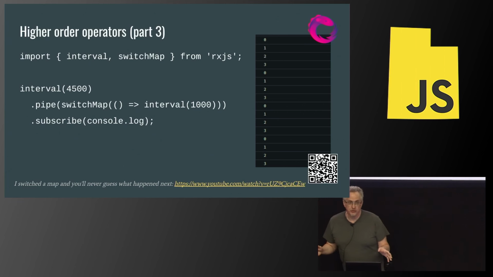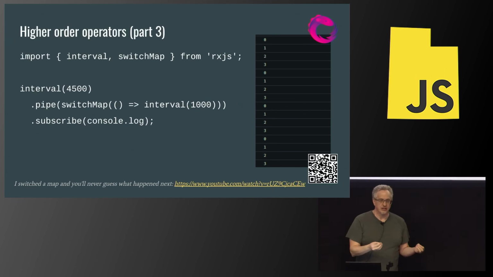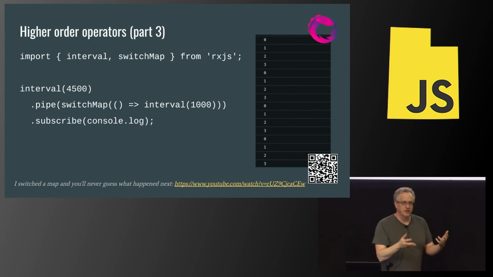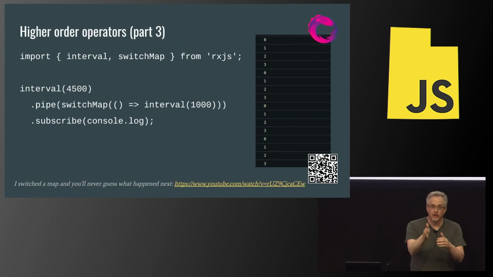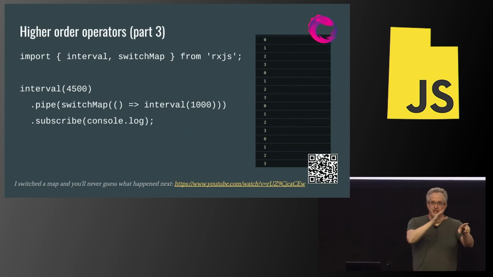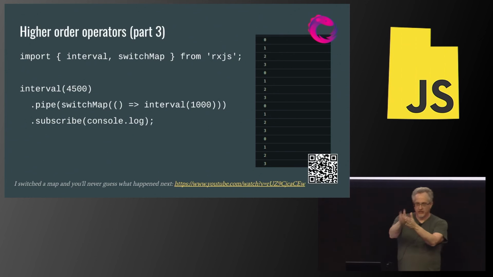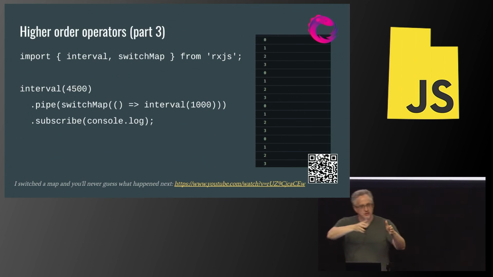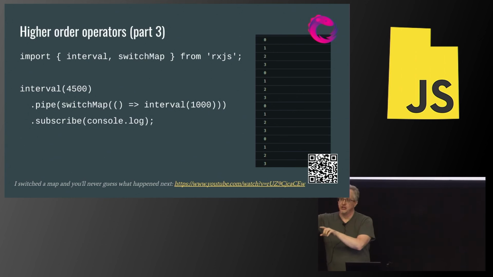What switch map will do, it also unwraps things like merge map, but additionally, it will clean up for ourselves as we switch from one to the other. So we start out with 0, 1, 2, 3, and after 4.5 seconds, we create a new one, and we start 0, 1, 2, 3, but we've canceled the previous one and switched to the new one. And after the next 4.5 seconds, we cancel that one, and we switch to a new one. 0, 1, 2, 3, we cancel and switch, on and on and on.